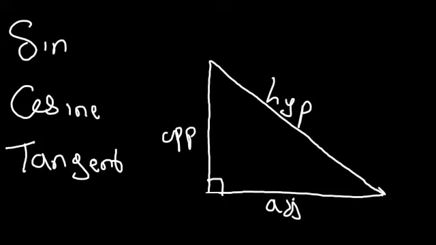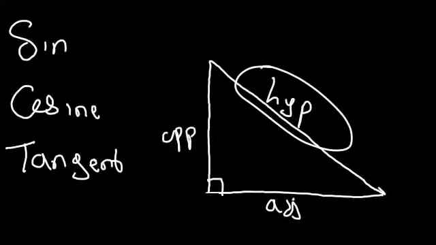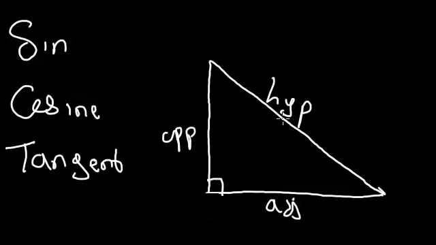You have to be very careful, as there is a condition. For a side to be an opposite side using trig functions, there's a condition that has to be met. Similarly, for a side to be an adjacent, there's a condition that has to be met. It's only the hypotenuse that remains unchanged. As long as it is the side facing the right angle and it's the longest side, then it is the hypotenuse.